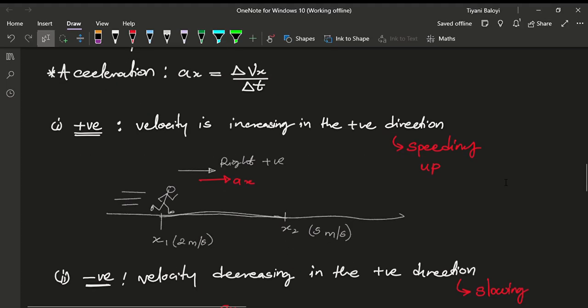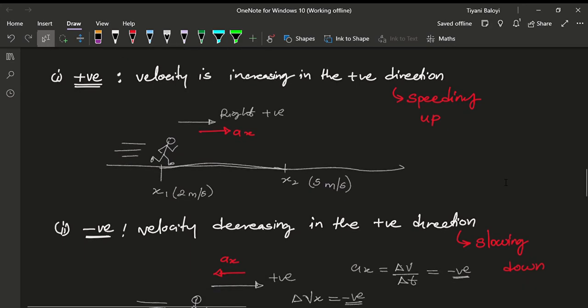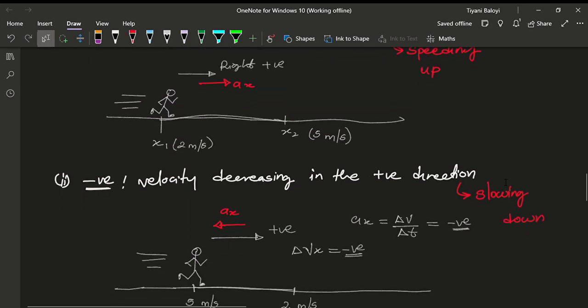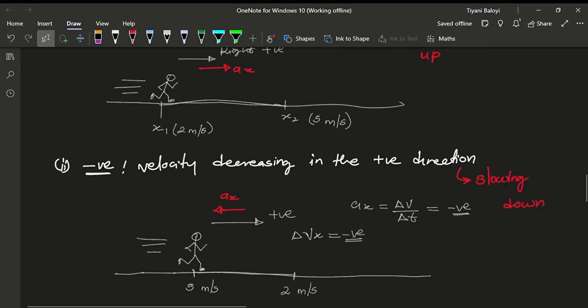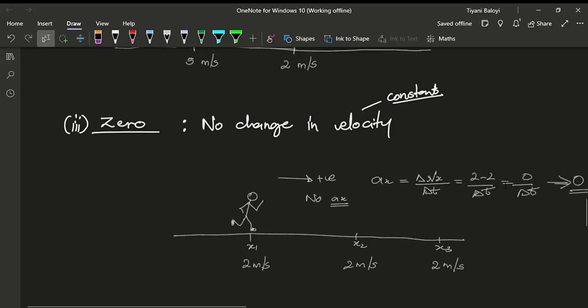Velocity is increasing in the same direction in which you are moving. And a negative acceleration is when velocity is decreasing in the same direction that you're moving. So it's just opposing your motion, slowing you down, right? And then we looked at zero acceleration where there's no change in velocity. So velocity is constant. When you have constant velocity, you have zero acceleration. There's no change in acceleration.